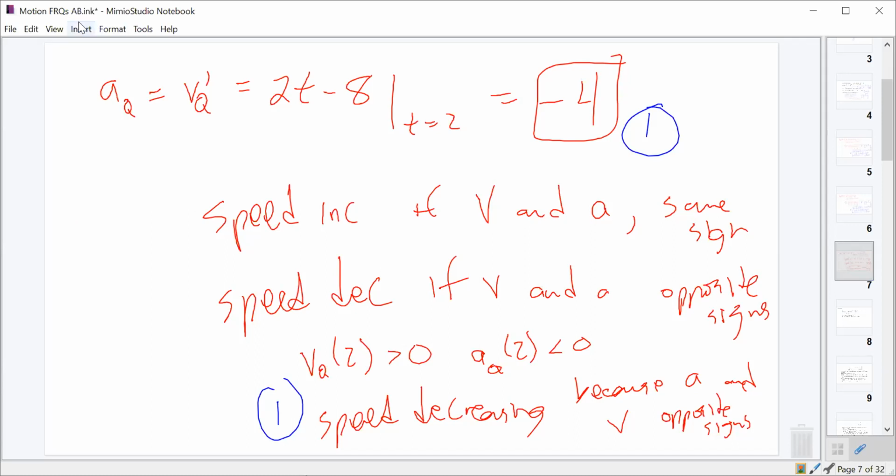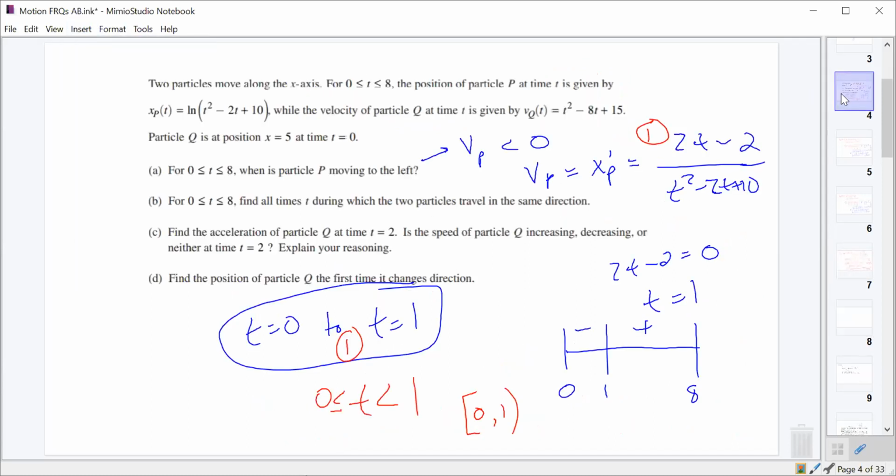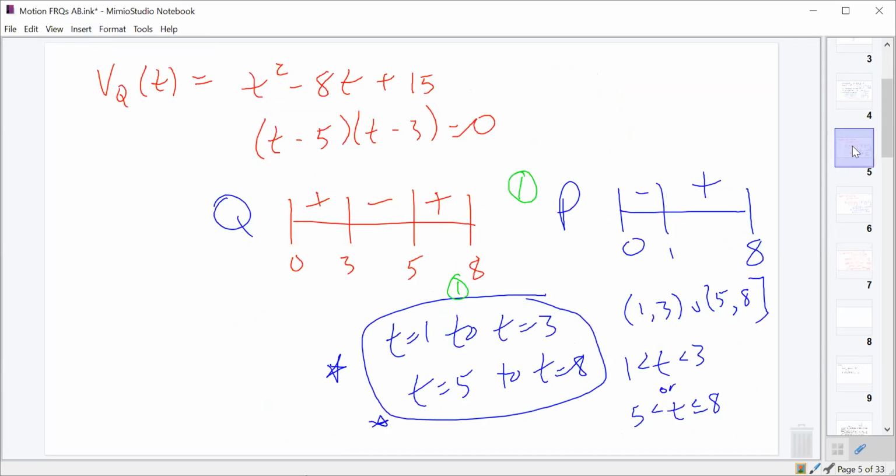All right, and then the last part of this one, part D, says we want to find the position of particle Q the first time that it changes direction. So we need to find the first time it changes direction. The first time particle Q changes direction is at t equals 3. Right?